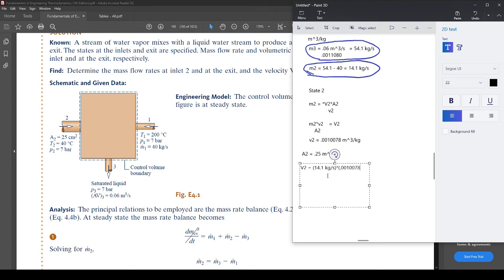Someone go ahead and start typing this in, by the way. I would appreciate it. Divided by 0.25 meters squared. And I'll put the units here as well: meters cubed per kilogram.